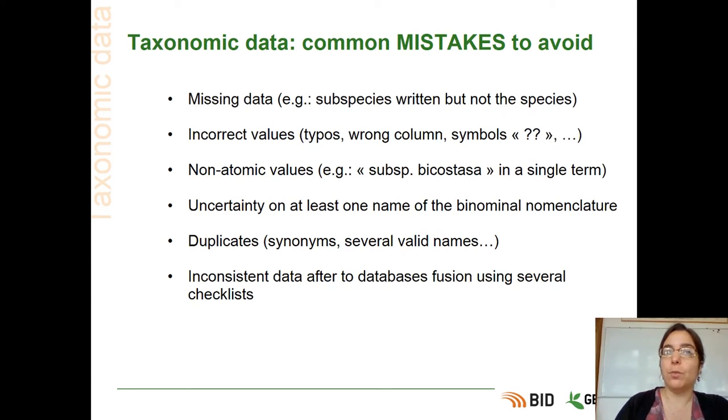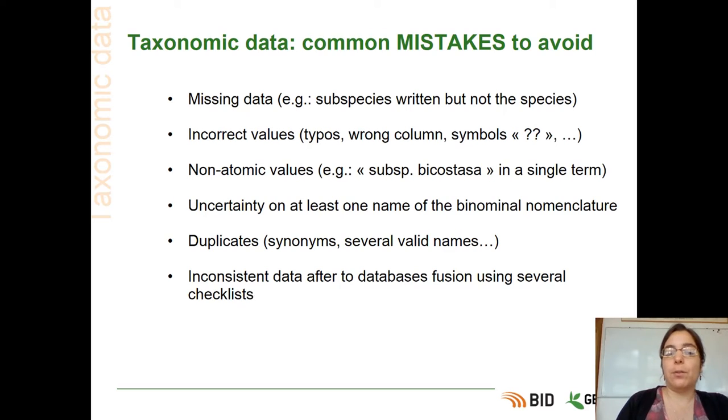You can also have some incorrect values, so such as typos or wrong columns or even symbols. So if you have some incertitudes about the data, you should leave the spreadsheet cell blank instead of leaving symbols like interrogation points or anything, because it can really affect the quality of your data. Then you also can encounter some non-atomic values.